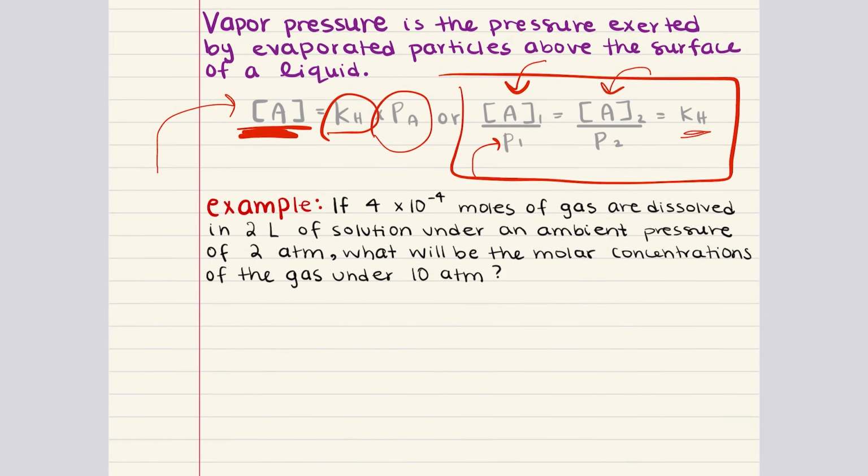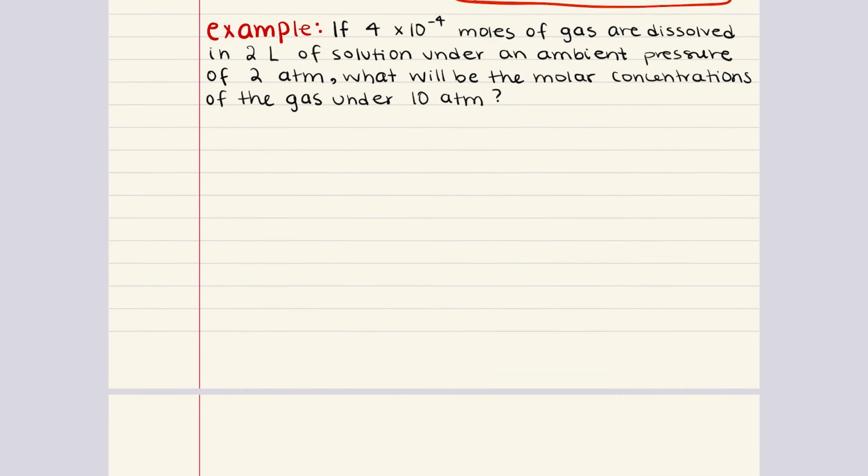Let's go ahead and read this problem and see how we can tackle it based off of what we just learned about Henry's law. This example says, if 4 times 10 to the minus 4 moles of gas are dissolved in 2 liters of a solution under an ambient pressure of 2 atmosphere, what will be the molar concentration of that gas under 10 atmosphere?